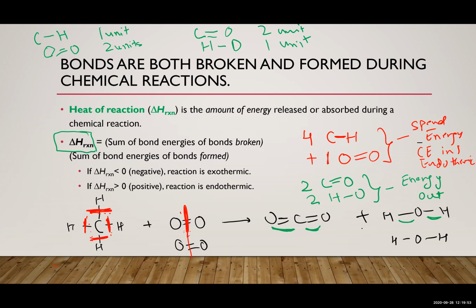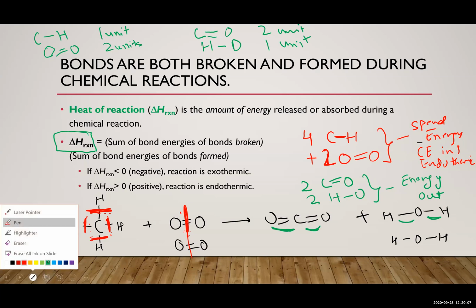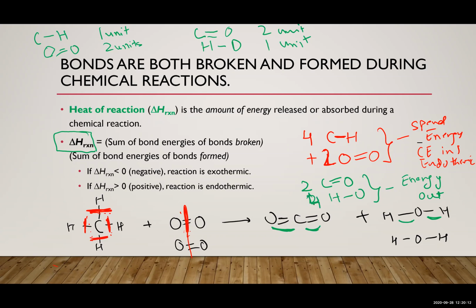So instead of 1, there will be 2 O=O bonds, that will remain the same, and it will be 4 OH bonds. Why more molecules? Because the equation was not balanced. If you count, all atoms are balanced. There are 4 hydrogens, 4 hydrogens, 4 oxygens, 4 oxygens, and 1 carbon. Now it's balanced.